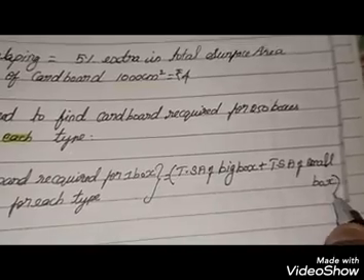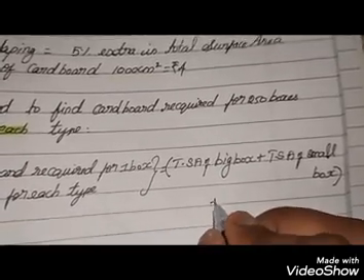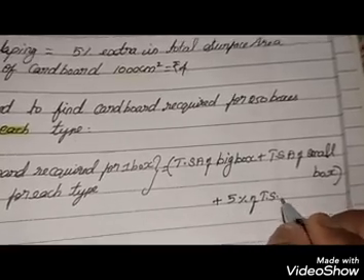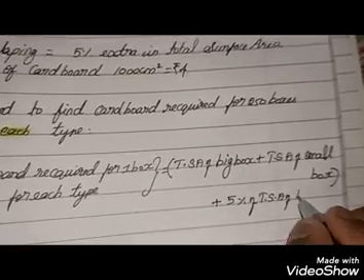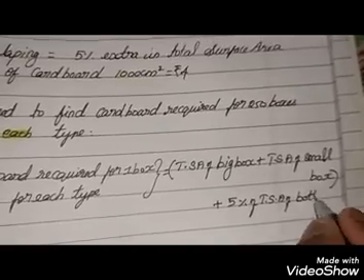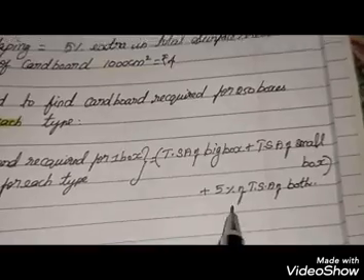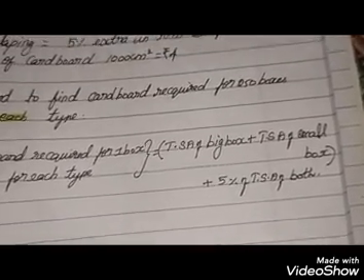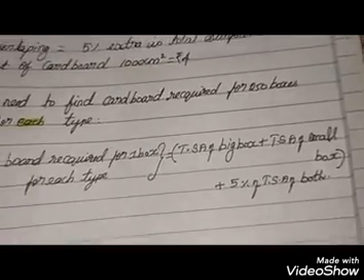So we have to add these two and add an extra 5% of the total surface area of both types. Now we have to find separately the total surface area of a big sweet box and a small sweet box.